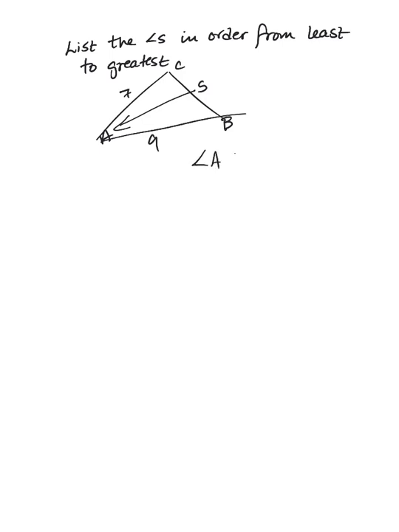That would be angle A. Then the middle-sized angle would be opposite from the middle-sized side, which would be angle B. I'm going to make the less than signs red, because it just looks confusing. And then angle C would be the largest angle because it's across from the largest side, 9. Okay, kids, there you go.